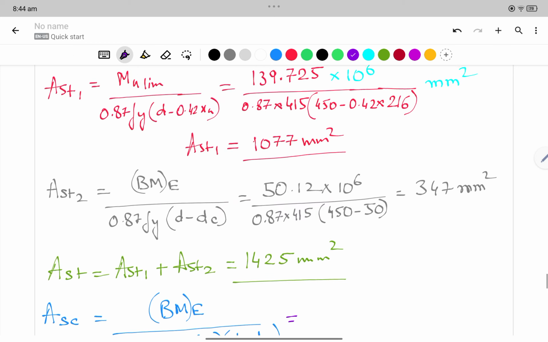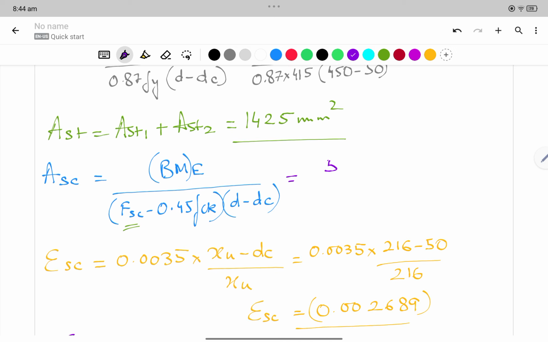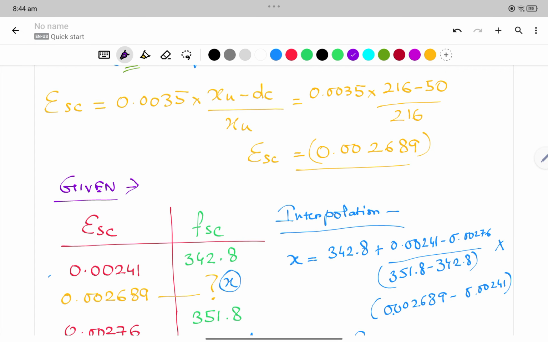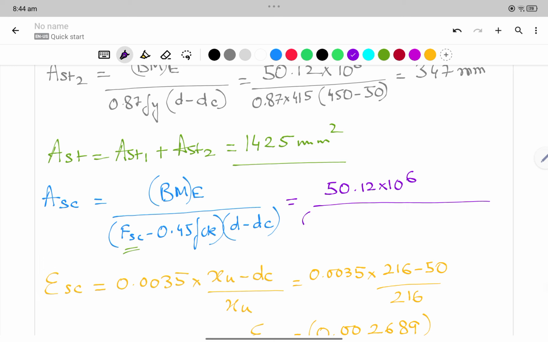Bending moment extra, see, it's coming to 50.12 into 10 to the power 6 divided by FSC, which is coming to 342.8, bracket 342.8 minus 0.45 FCK is 20, and it's coming to 450 minus 50.